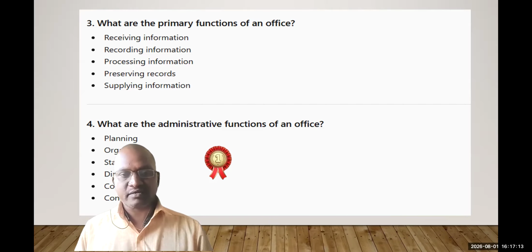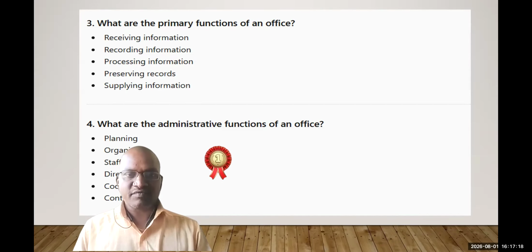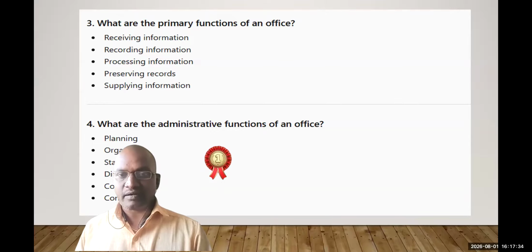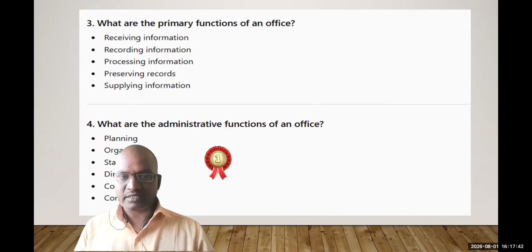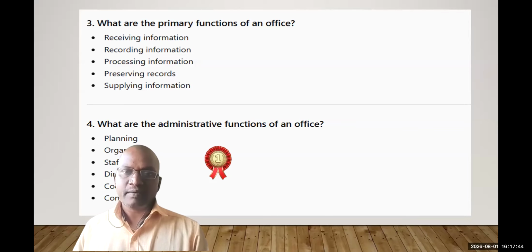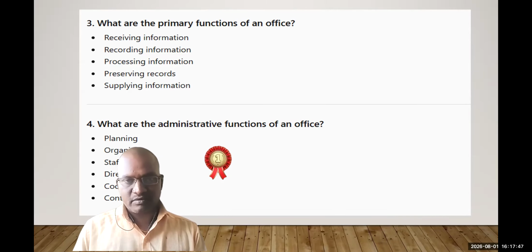These data are collected by the office. So the received information is recorded in the office. Then the recorded information is processed for further activities in the organization. Then preserving the records, finally supplying the information based on the requirements of the departments. So these are the primary functions: receiving, recording, processing, preserving, then supplying the information. These are the primary functions of the office.